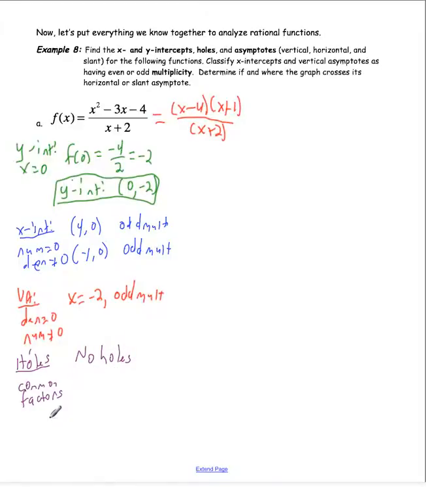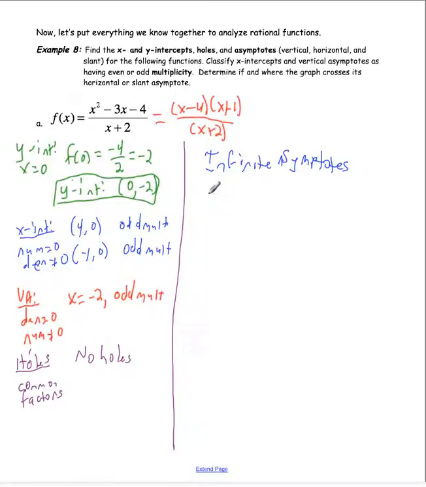The last thing we're going to look at is the end behavior, or what kind of infinite asymptote we have. If we have an infinite asymptote, the two that we've studied are horizontal and slant asymptotes. We're going to look at the degree of the numerator and the degree of the denominator.